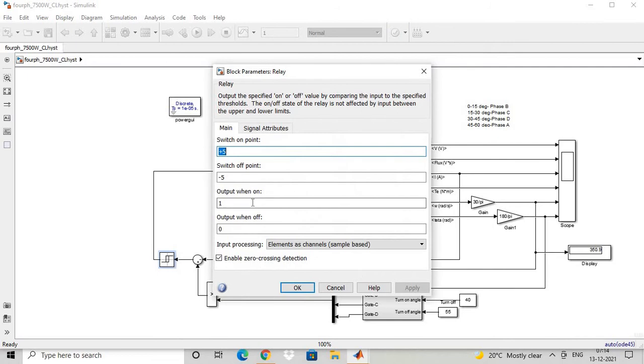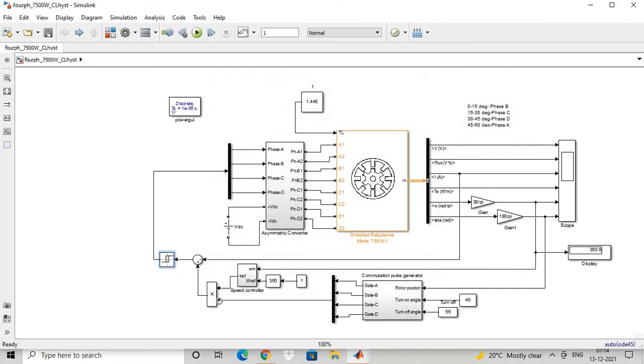Here the different block is nothing but a relay, which has output at 0 position and output at 1 position. The switch off point is -5 and switch on point is +5. This error signal is processed through the PI controller, and accordingly it will control the signals which are given to the converter.